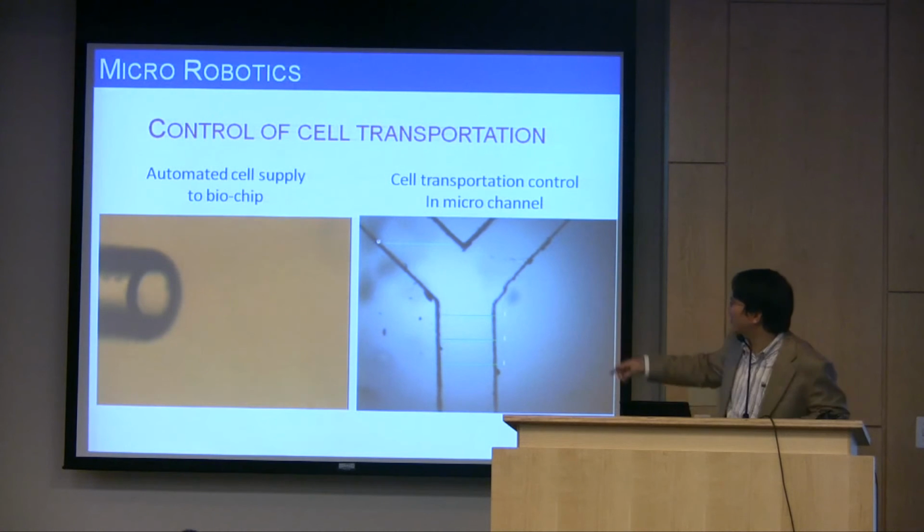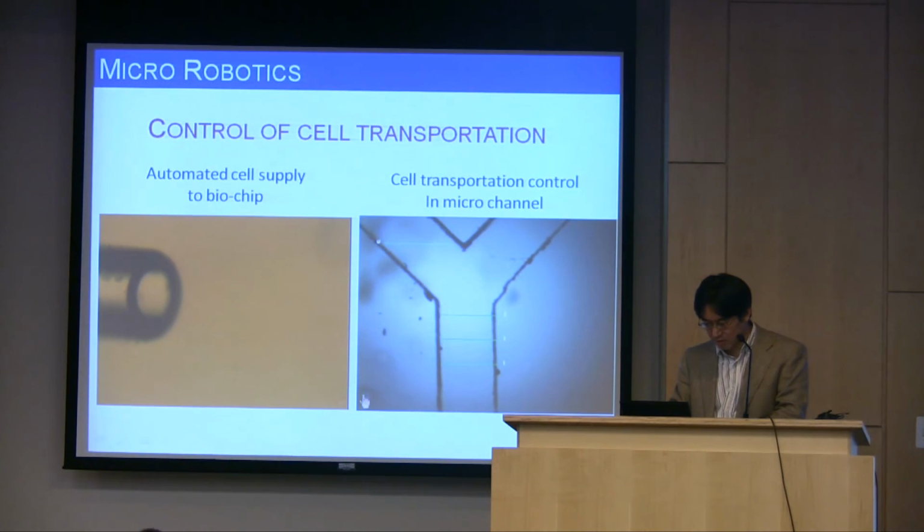Then next, we change the branch. We control the valve. Then we can change the destination of the cells in the microchip by controlling the fluid.